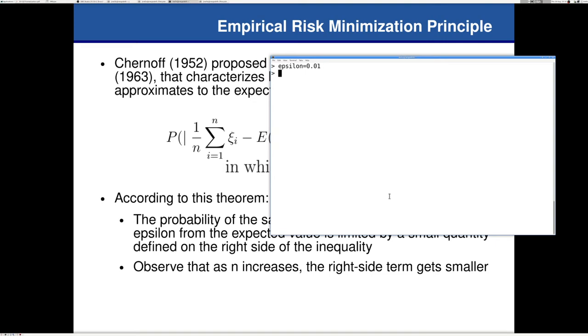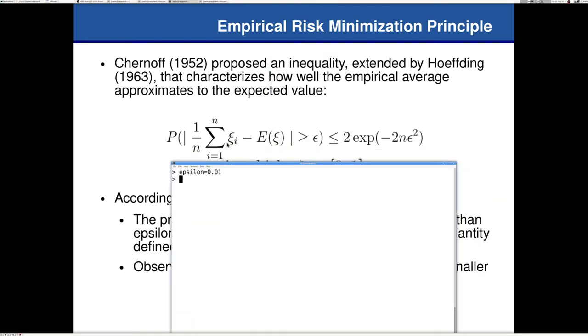So the greatest divergence I accept between my estimation and its expected value is epsilon equal to 0.01, which is the same as 1%, as you may notice, because everything over here is in the interval 0, 1. When I plot this, take a look at my plot, I can understand how the convergence happens.